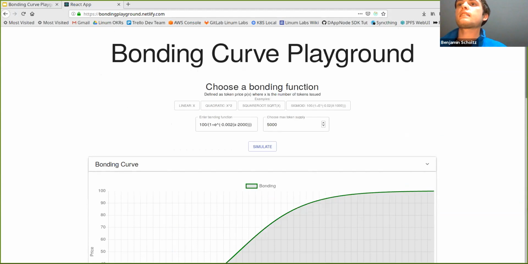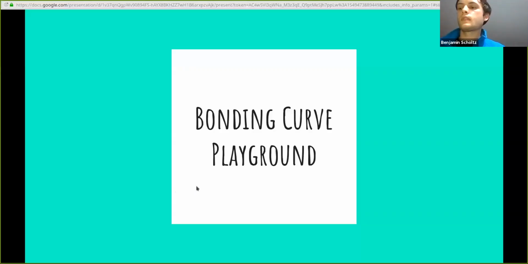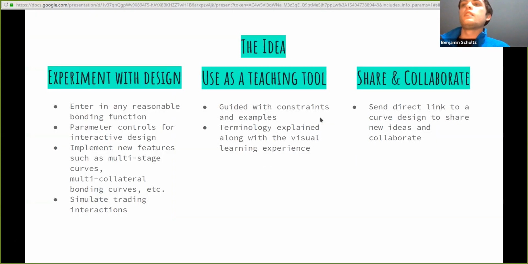So jumping back to the presentation. Okay, so the basic idea is that we want to experiment with design of bonding curves. We want to be able to enter in any reasonable bonding function.